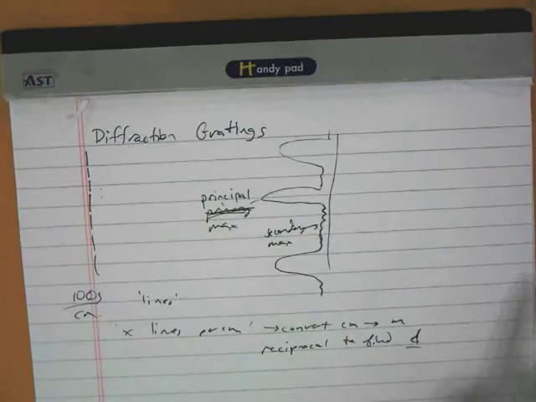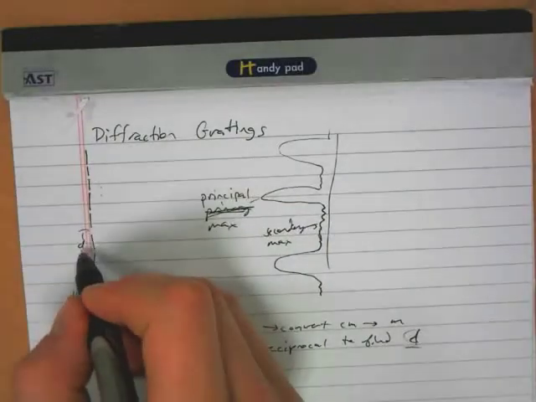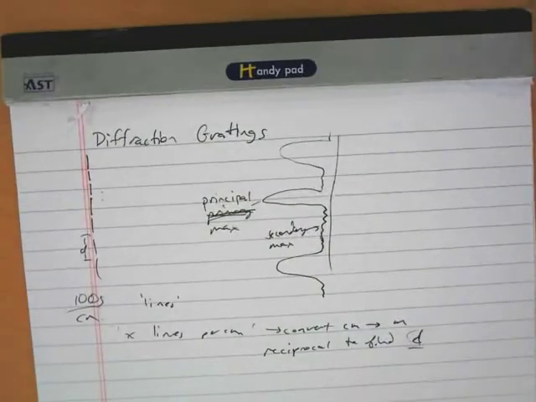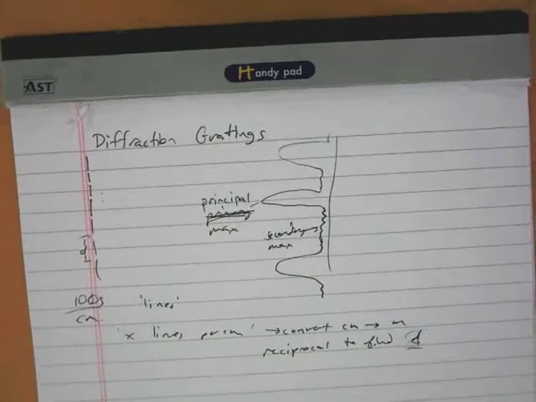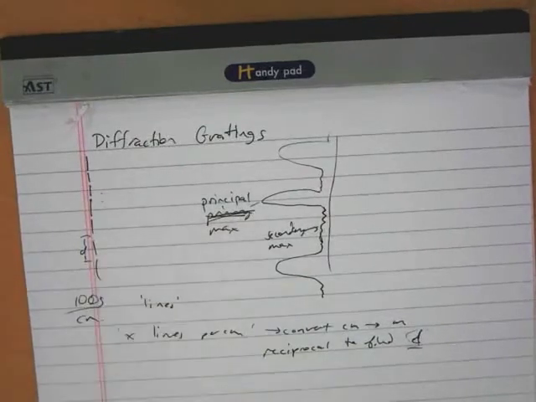D in this case is not the width of the slit, it's the distance between the openings in your grating. We're assuming that the width is very, very small.